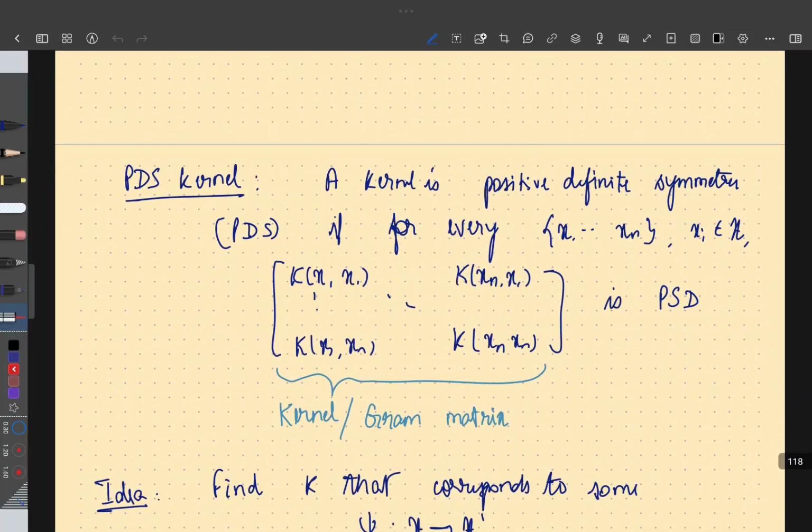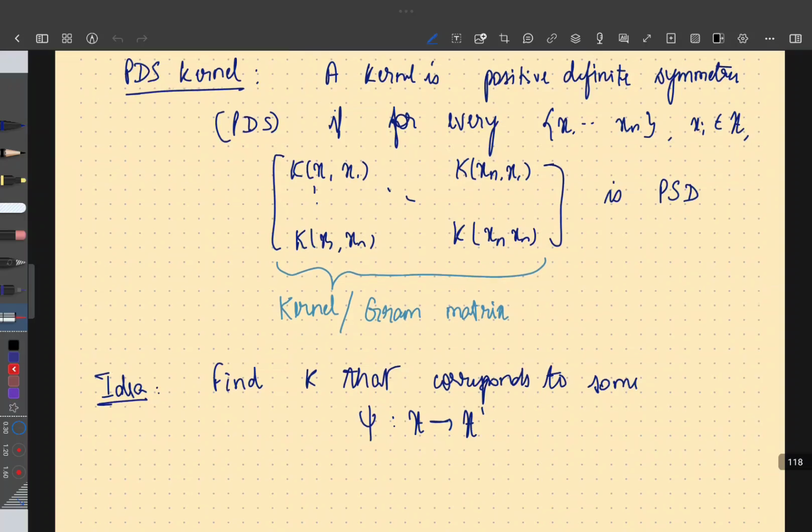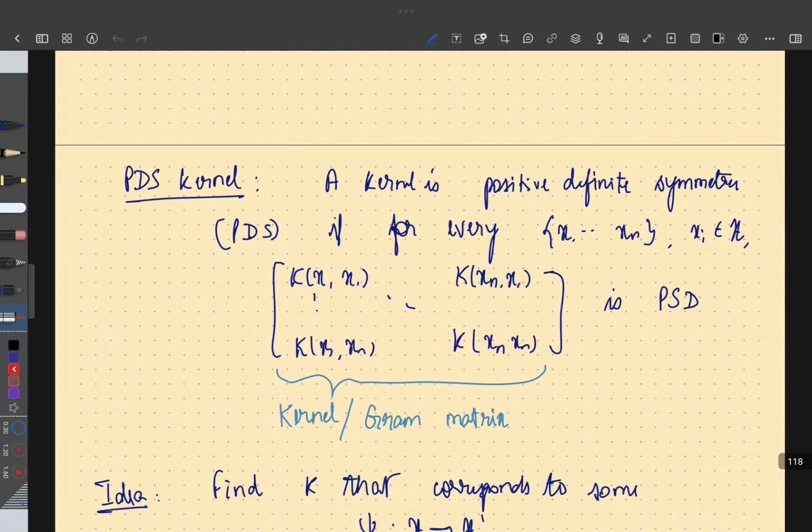Such a kernel, for which you take any n points from the domain, for every n, the gram matrix is positive semi-definite, is what we call a positive definite symmetric kernel. Clearly, if K corresponds to an inner product over some high dimensional space, then the kernel is guaranteed to be positive definite symmetric.